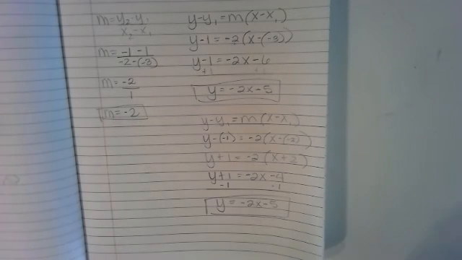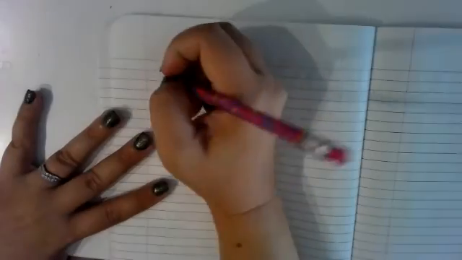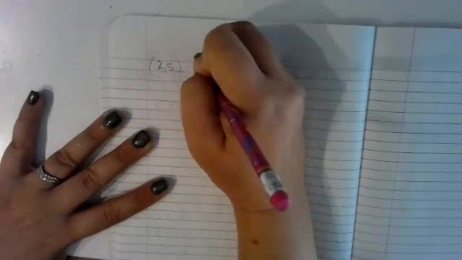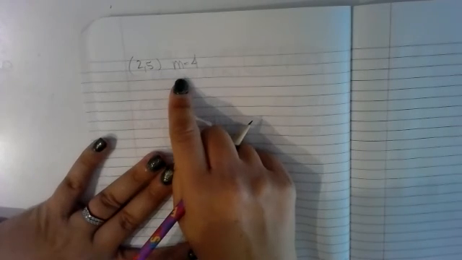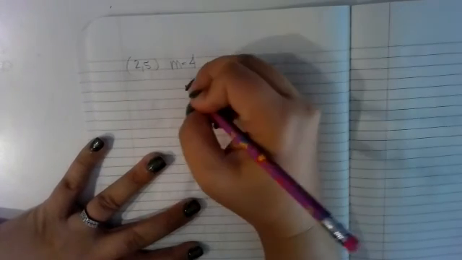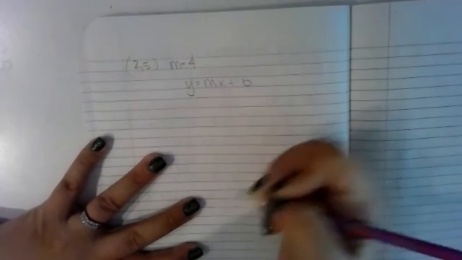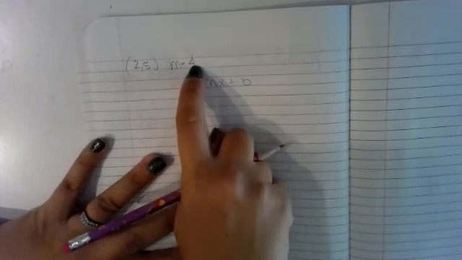Now, I'm going to show you very quickly what we've been doing to show you how it's similar. So let's say I have the point 2, 5 and m equals 4. We just did this problem. So what we've been doing prior to knowing this formula is writing y equals mx plus b. And then from here, we substituted 4.